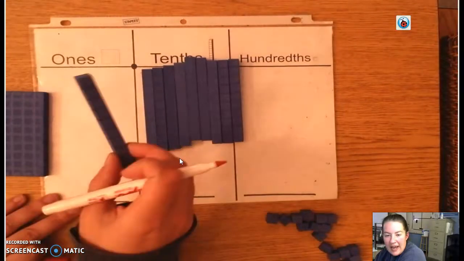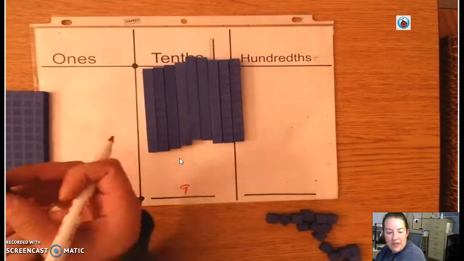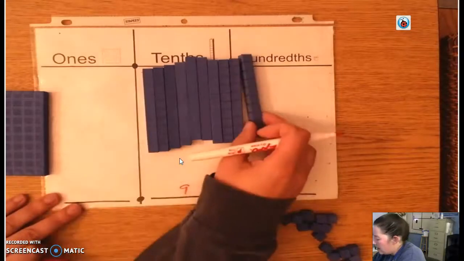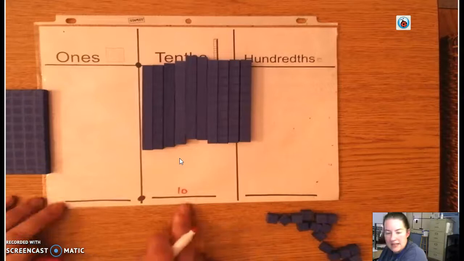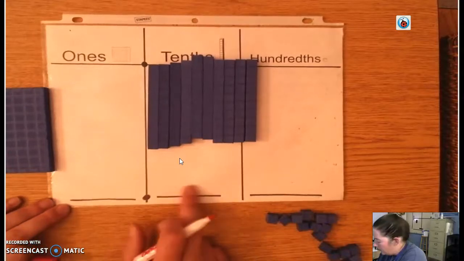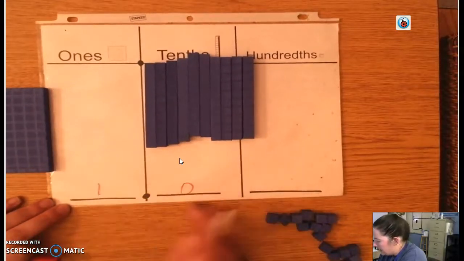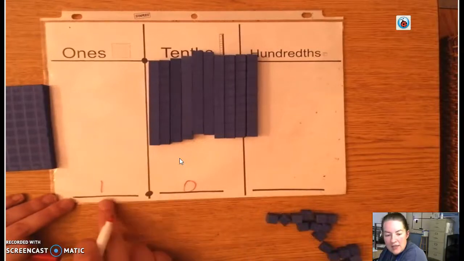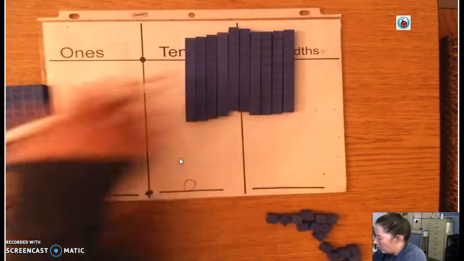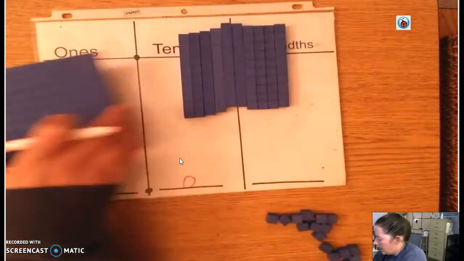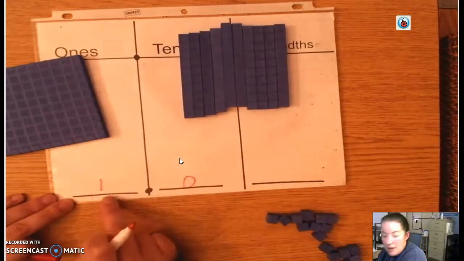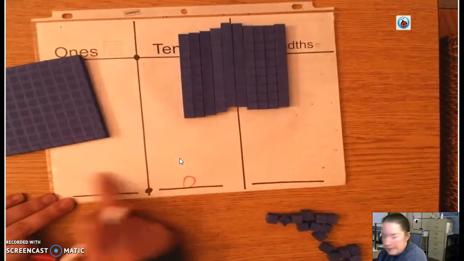What happens when I add the last tenth? It's the same rule we have for place value. That's 10/10, and I can't fit 10/10 in here. So I move the 1 over. 10/10 is the same as one whole. So here's my one whole. It's the same size. 10 tenths is the same as 1 whole.